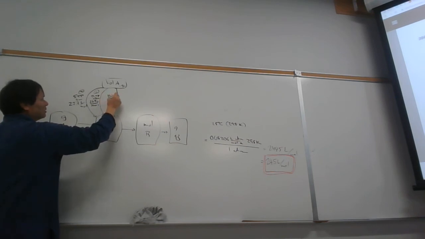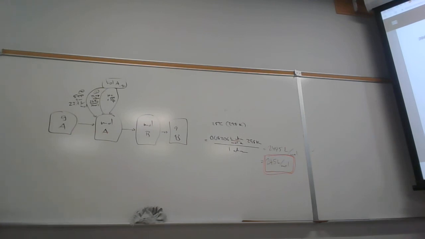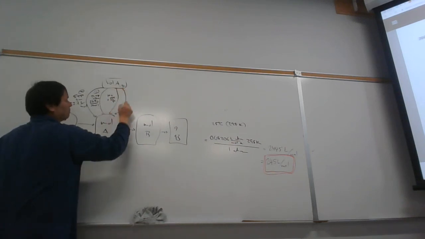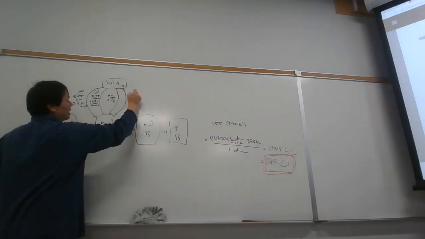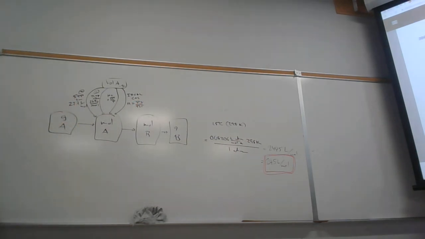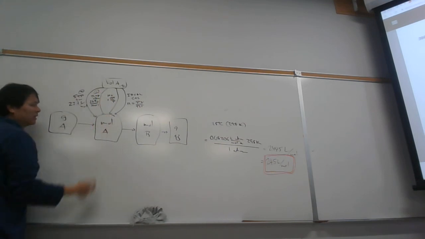The molar volume is equal to RT over P. Or I could use the ideal gas equation. The moles n is equal to PV over RT. So I can just do an algebraic calculation. So these are the ways I can go from volume of A gas to moles of A gas.